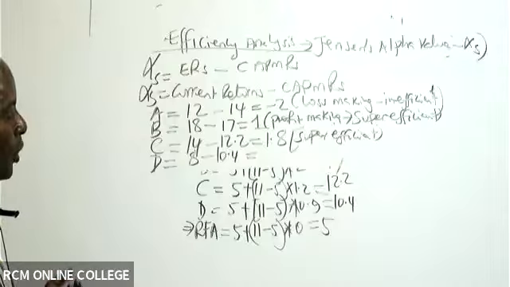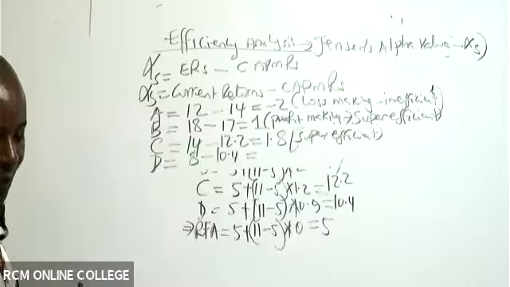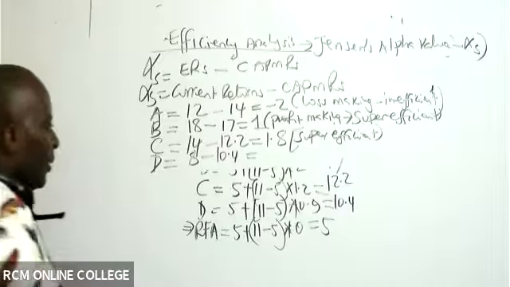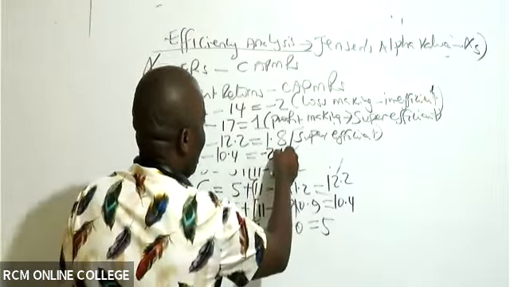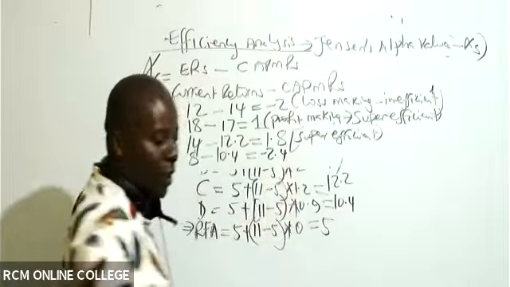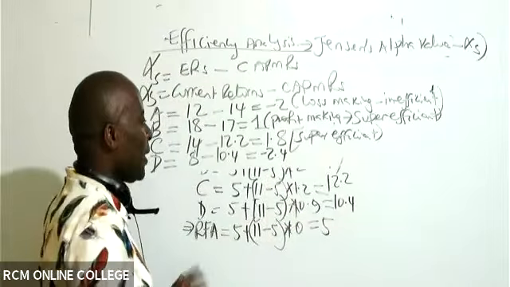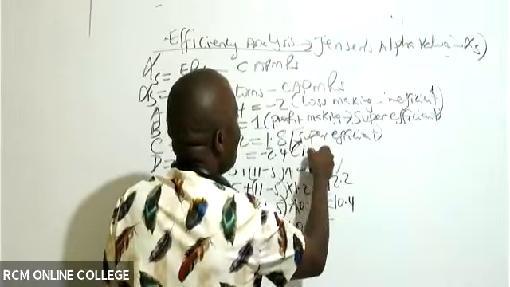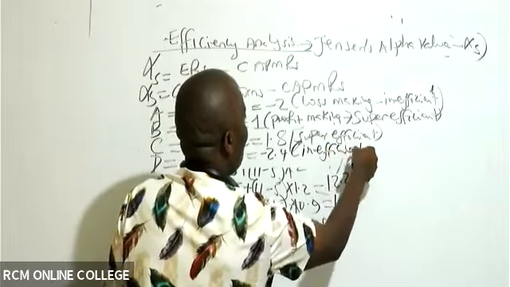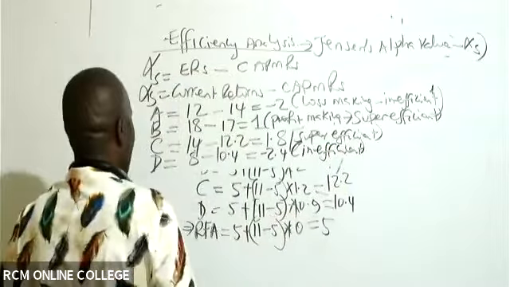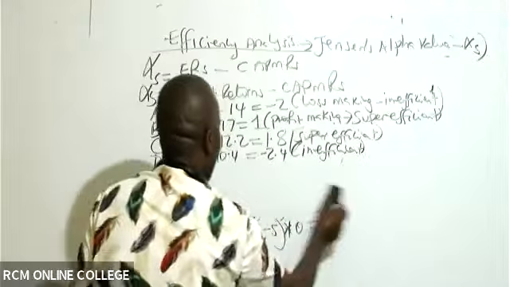What will 8 minus 10.4 give me, somebody? Those answers are now not coming as they were before; the frequency started going down. So minus 2.4, right? So long as it's negative, it is inefficient.